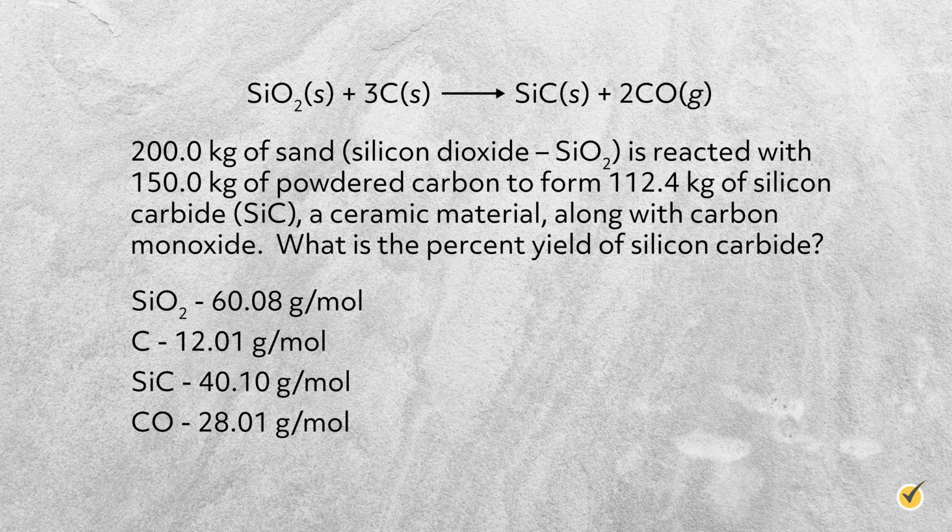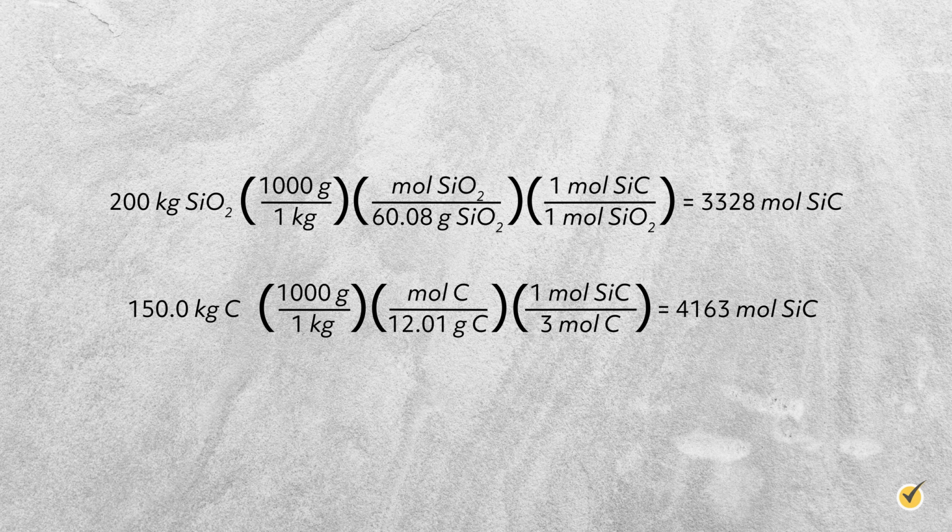First, to calculate the theoretical yield, we must determine which reactant is the limiting reagent. To do that, we convert the kilograms of each reactant to moles of product using unit conversion, the molar masses, and the mole ratios. From this calculation, we see that silicon dioxide is the limiting reagent.